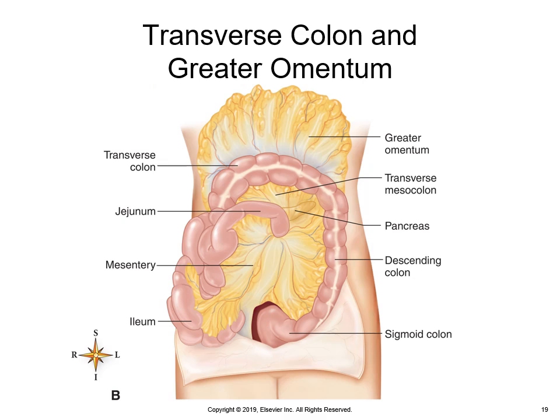So some of the structures that we're highlighting here is the greater omentum. Again, this is that fatty apron fold of the peritoneum. It's typically going to drape over the intestine, and in terms of functionality, it protects and also insulates our abdominal organs.